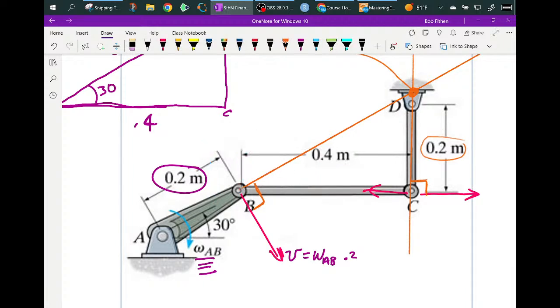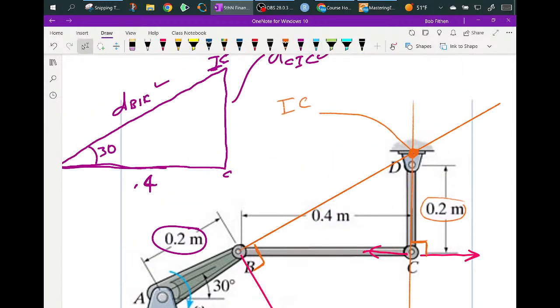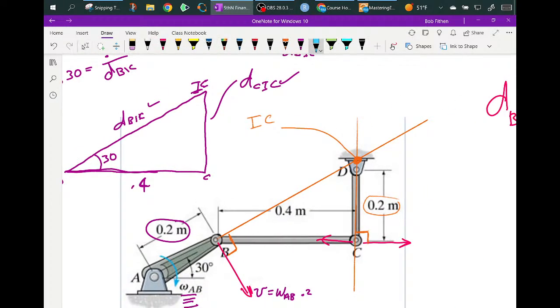As a result, you could view this as a big, huge triangle that is, in fact, rotating like so. This means if it's rotating like so, the velocity here is to the right. Velocity there, of course, we figured out.